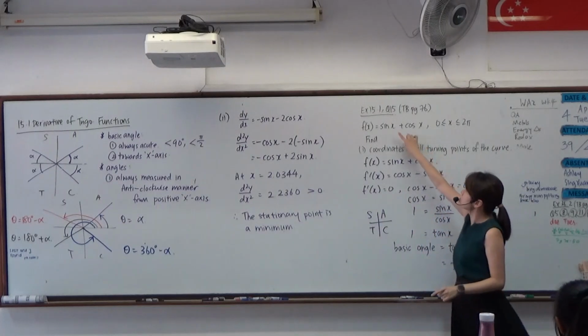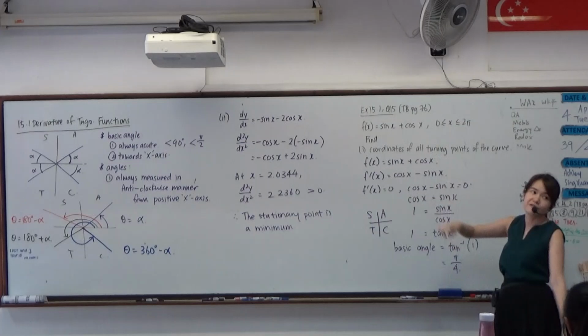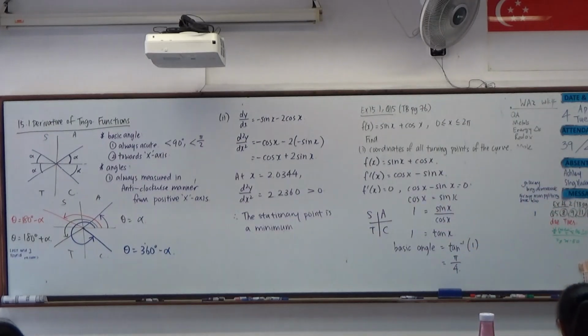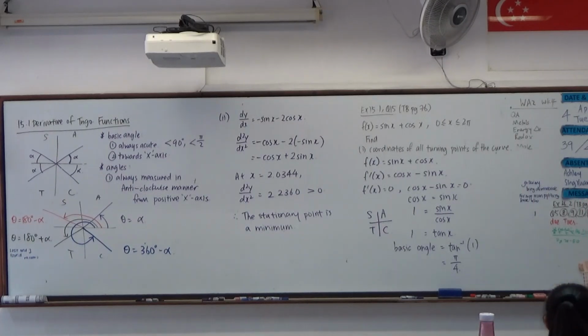The angle refers to the x over here. The y coordinate you need to sub back in to find the y coordinate. Can I give you about 5 minutes to work on that? If you're still struggling in recalling anything, please let me know. I'll come to you.